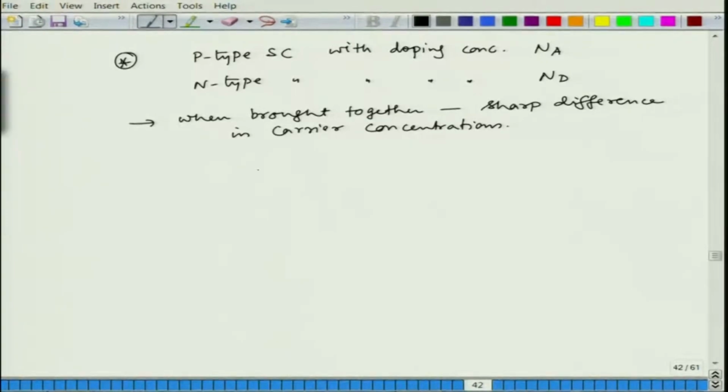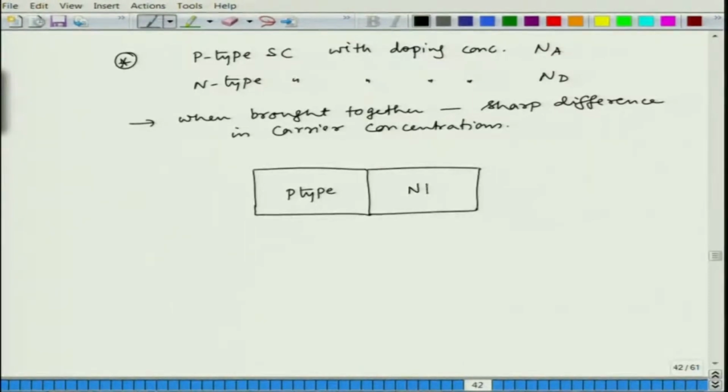So, you can think that this is the p type and this is the n type. You bring them together, you make a junction so that the carriers can pass through them, the contact resistance is minimum. So, what will happen?